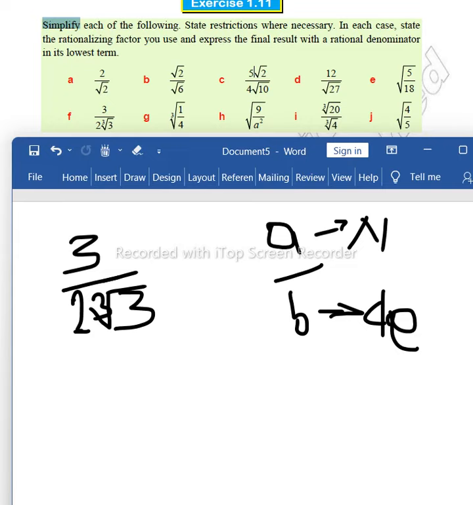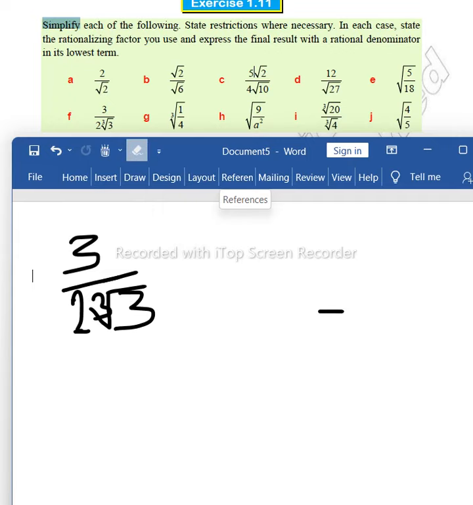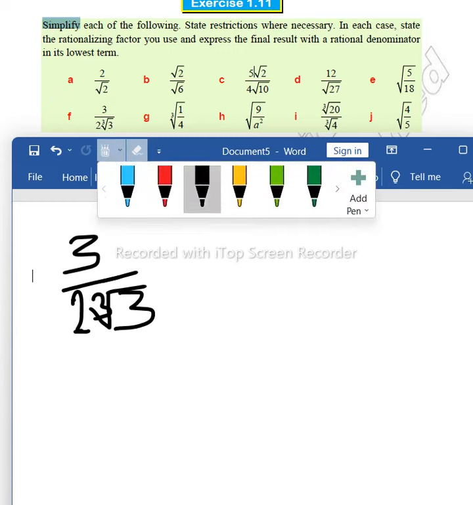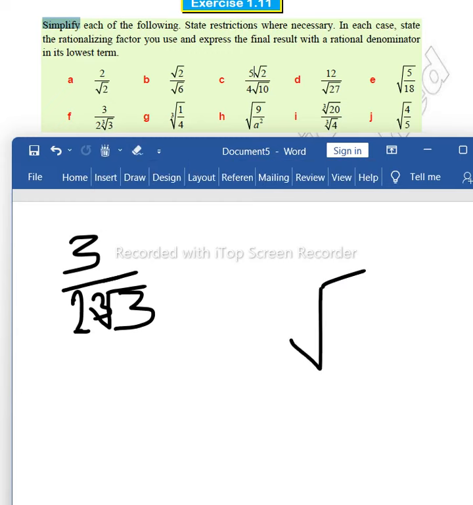So to rationalize this denominator, we have to multiply by something to make that number rational. As you know, the cube root of 3 to the power of 3, or the cube root of 27, is rational.